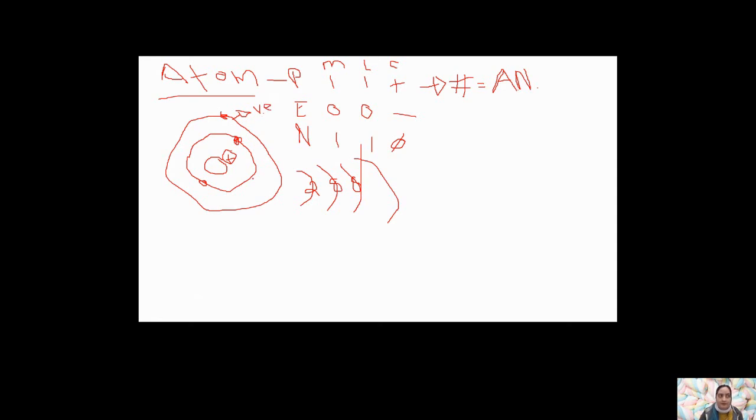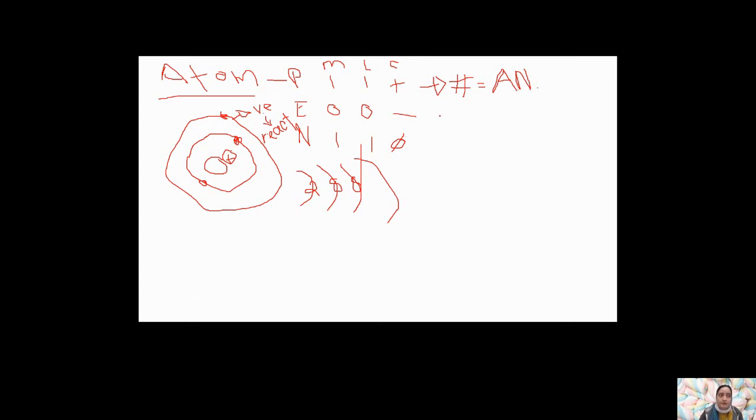Valence electrons, the ones on the last shell of the drawing, these tell you the reactivity, how something will react. It's a chemical property, as we learned in our last classes. So it will tell you how it will react. Is it going to explode like the videos we saw or not?